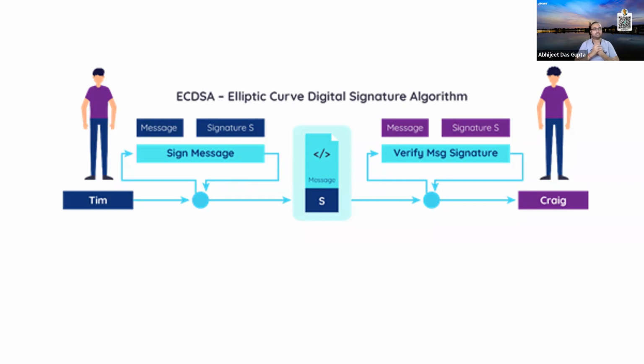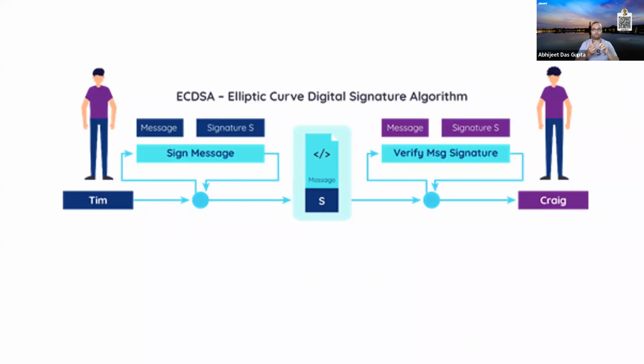Craig receives the message and uses the public key of the sender, the transaction signature, and then the message, whichever message was sent, and he uses all these three elements to verify whether the entire transaction or the message is valid or not. If any of those three components do not match with the original one, then it doesn't work out.